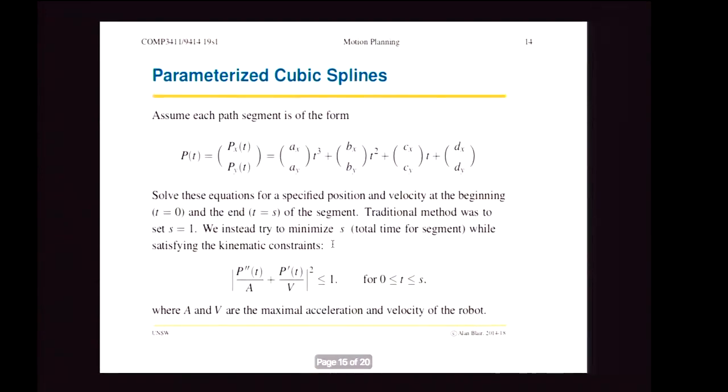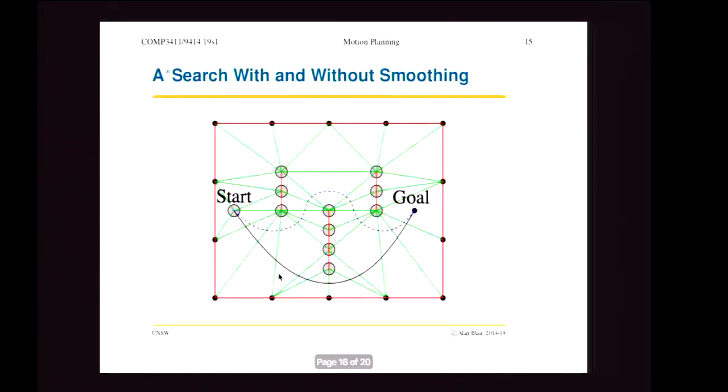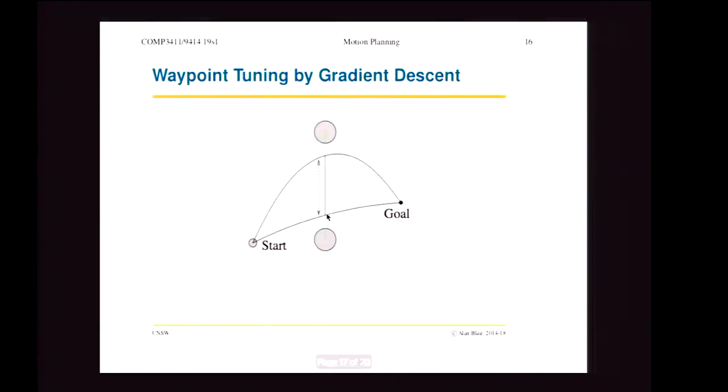And so this becomes a constrained optimization problem, and I start with a path, and then I just gradually adjust these crossing points to try to reduce the time taken for each segment, right? So I might start with this segment here, taking this path to the goal, but then I gradually move down to here to get a faster trajectory to the goal.